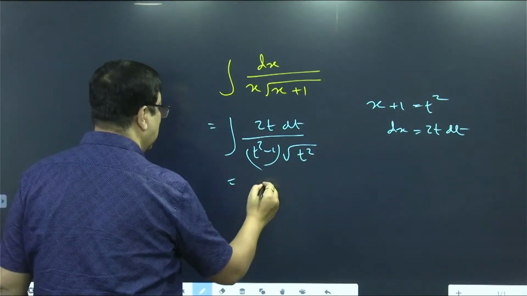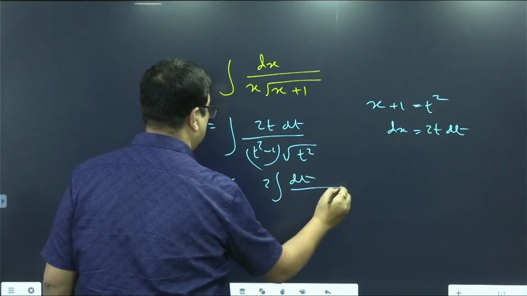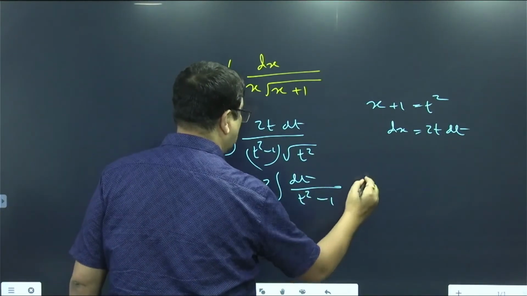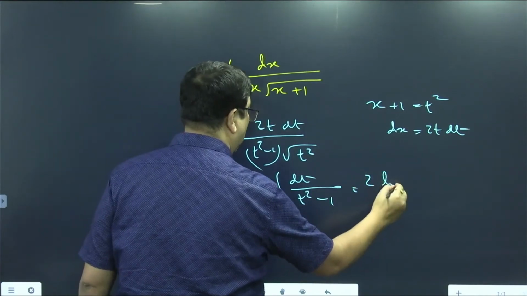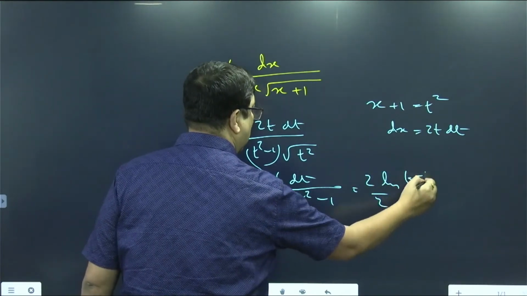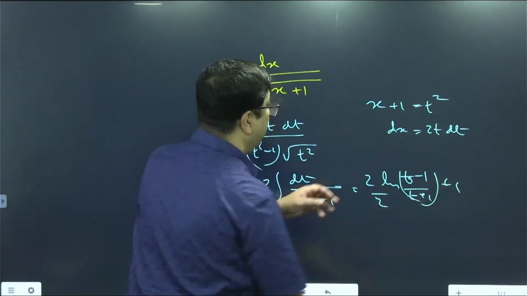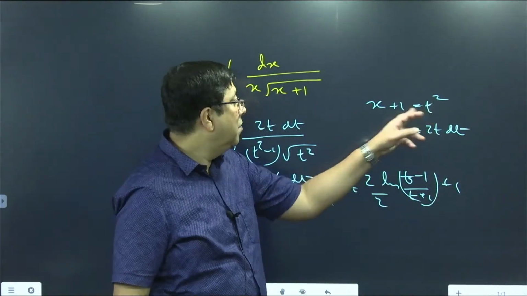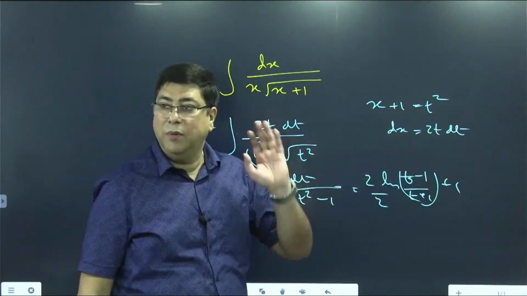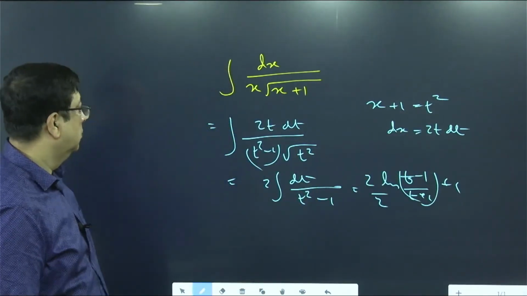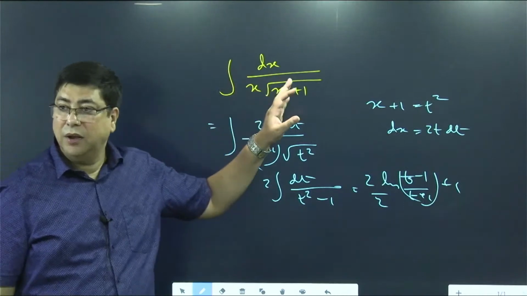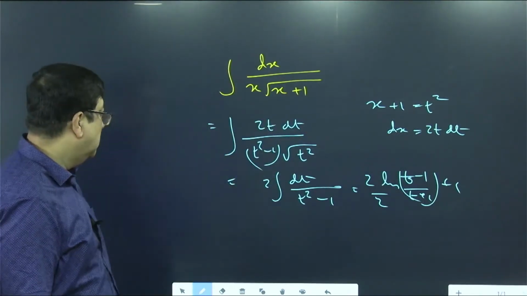This t is getting cancelled, 2 by t square minus 1, same as this formula, 1 by 2a log of t minus 1 by t plus 1 plus c, and finally instead of t we put root over of x plus 1. Okay, this concept is clear. Let us go to the next.